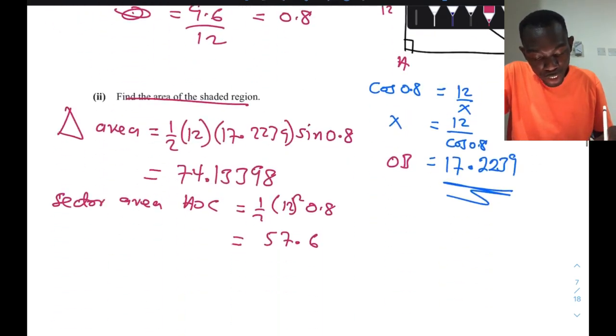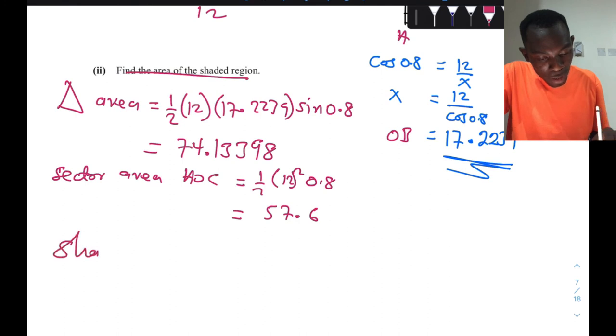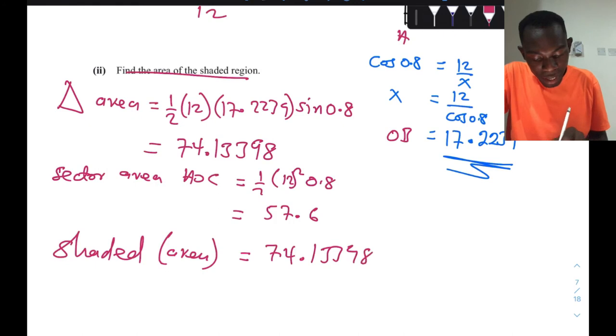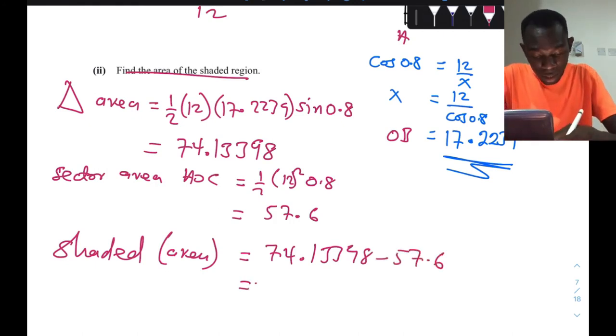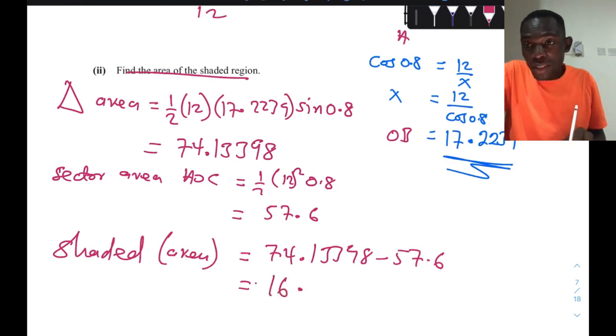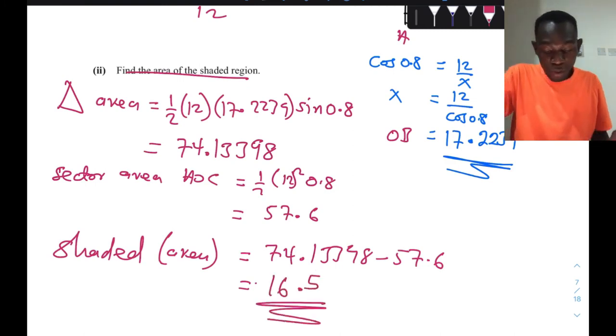So the shaded region area will be equal to 74.13398 minus 57.6, and that will be 16.53 to 4 significant figures. Okay, and then you are good to go.